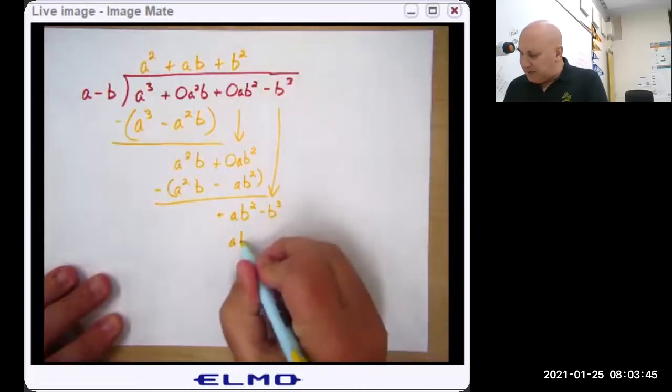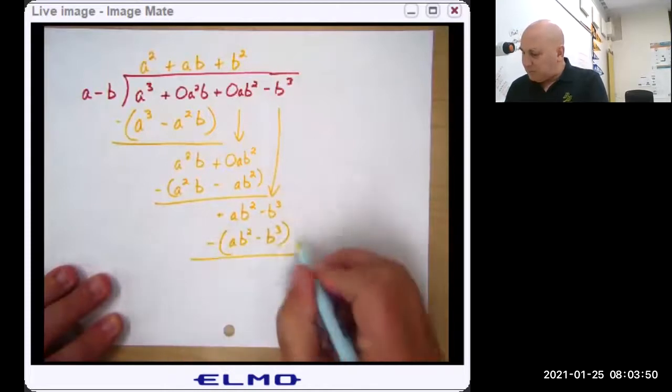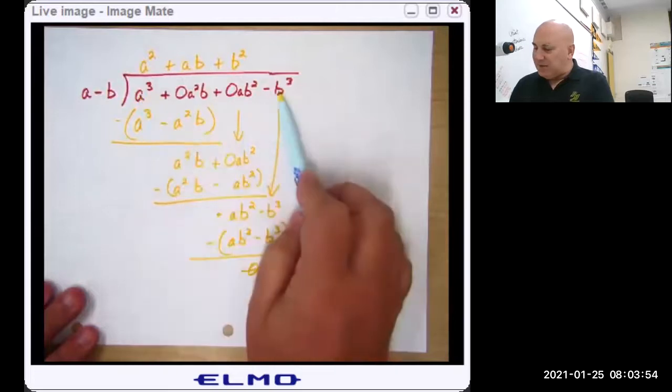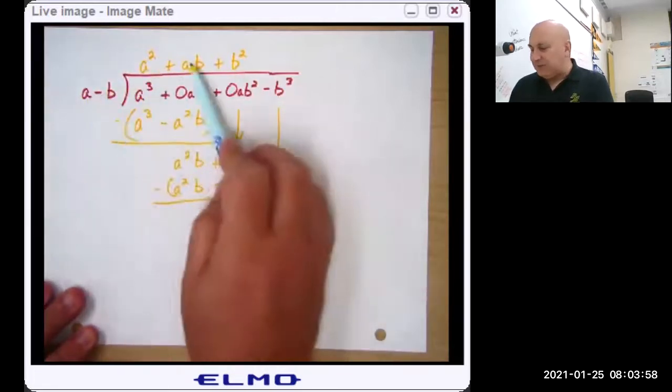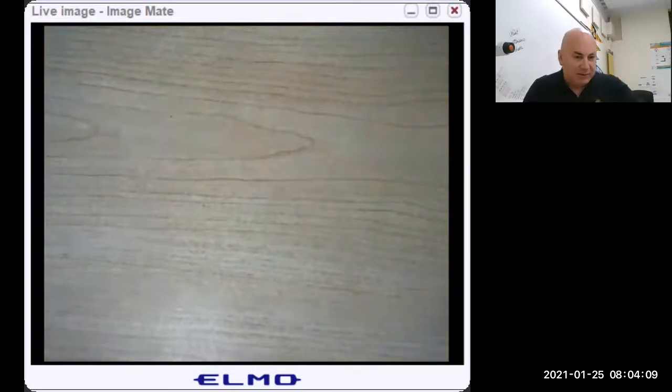That gives me ab squared minus b cubed. So sure enough, a cubed minus b cubed divided by this gives us this, or this times this equals this. Right, another way of factoring is Viète's method.